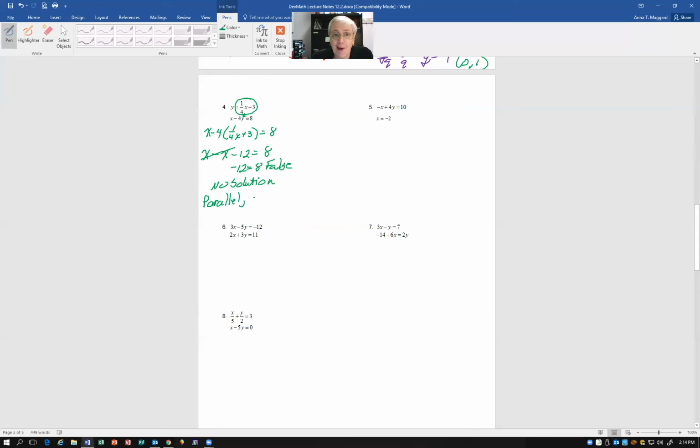We could say they are, what is it if they're parallel? Inconsistent, and they are also independent. Lots of different words we can use, I-N-D-E-P-E-N-D-E-N-T, independent.